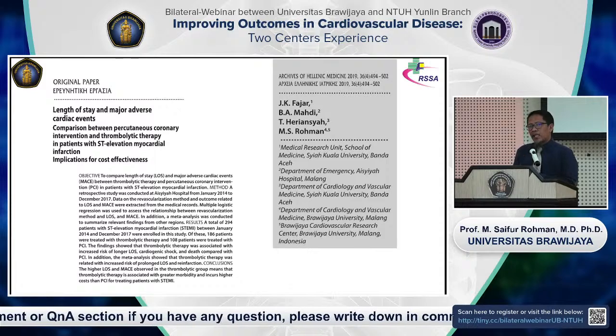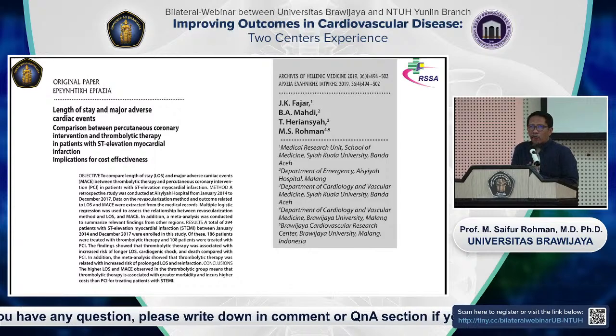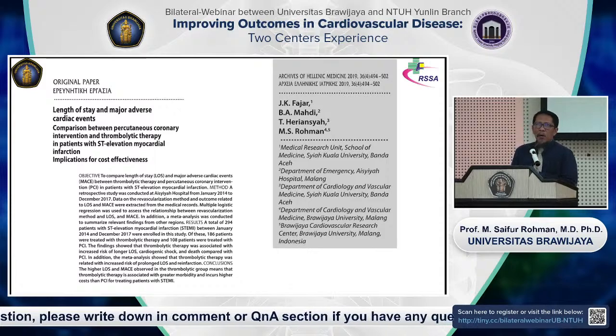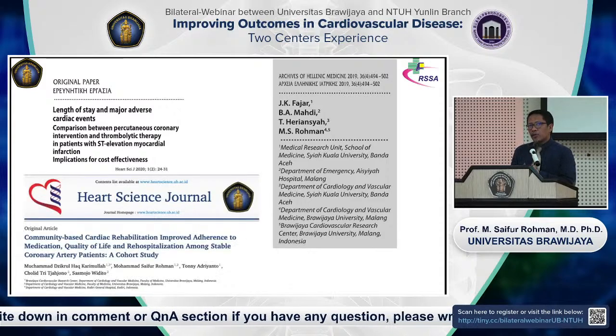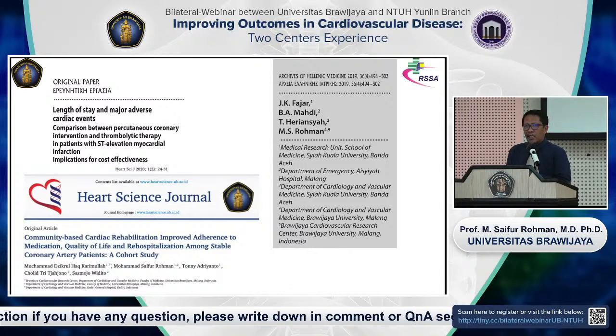From this community, we increase the awareness and also the quality of life. Here is one example of our publications. And we also have our own journal, in which many articles have already been published.